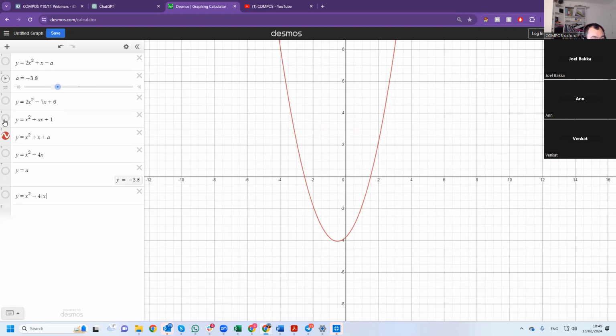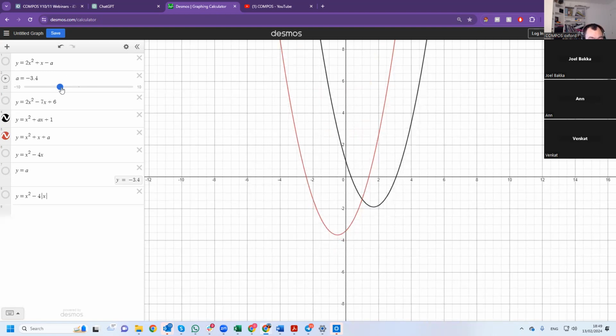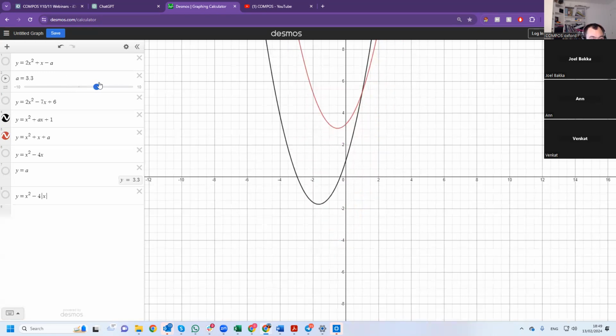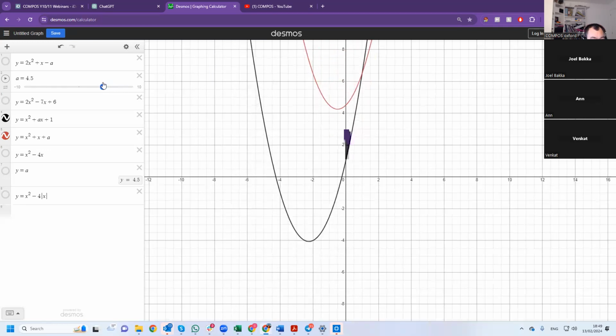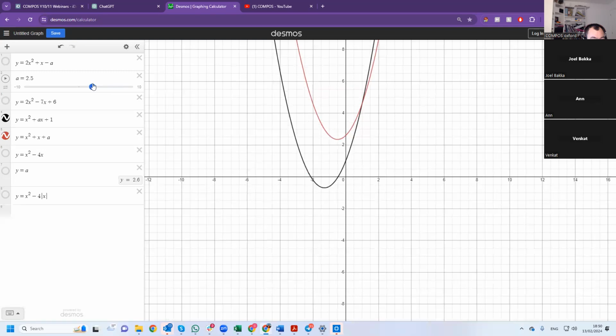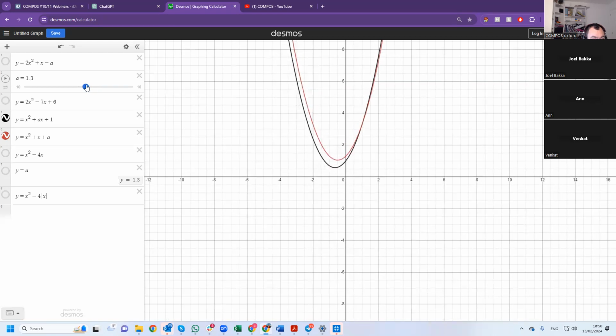Okay, so let's draw both of them and see what happens as a changes. For positive a, there's no use. Okay, so a is 2, a is 1. They don't have any roots.